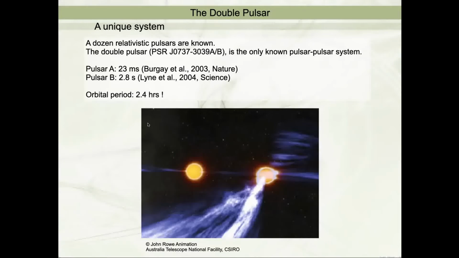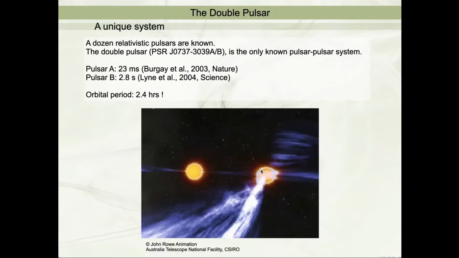So one of the two spins very quickly, about 44 times per second, a 23 millisecond rotation, and the other one is slower, 2.8 seconds, and they orbit in 2.4 hours for one full orbit. The distance between them is about the same as the Earth-Moon distance.